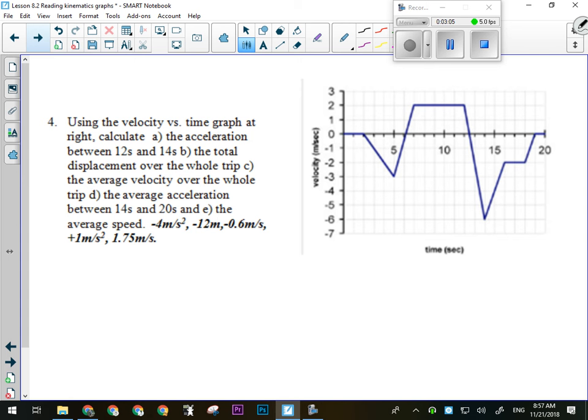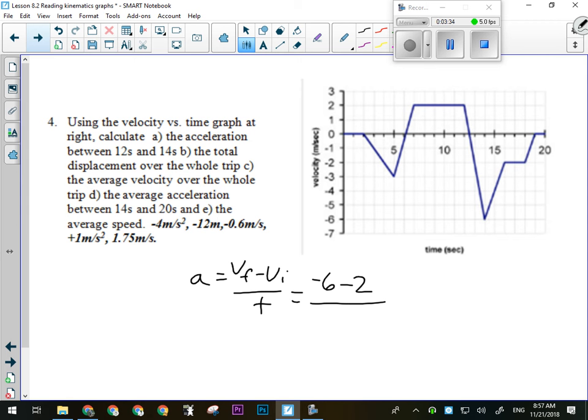last second. So we want to calculate the acceleration between 12 seconds and 14 seconds. The acceleration, and we talked about this the other day as well, is VF minus VI over T, or the slope of any section of the line. So we've got final velocity at 14 seconds is -6, minus our initial velocity, which is +2.